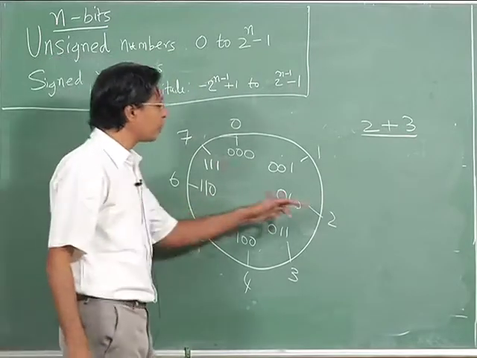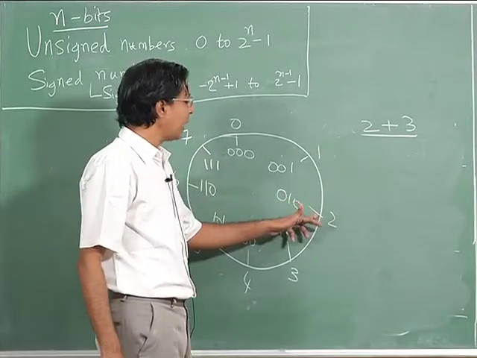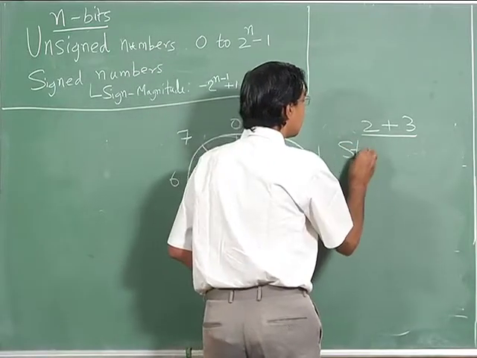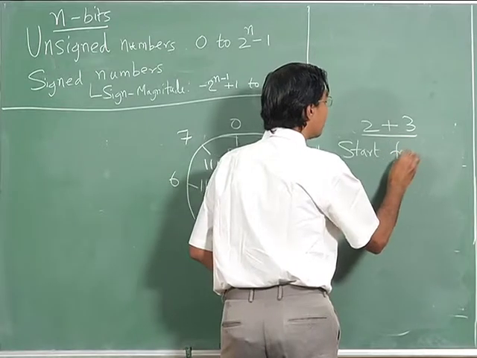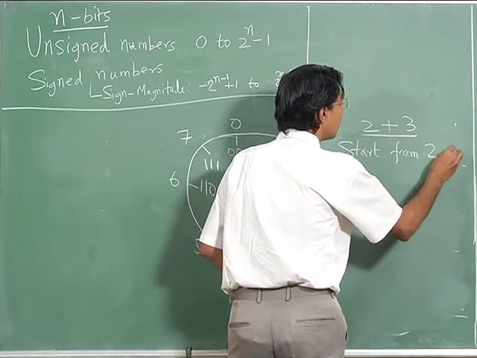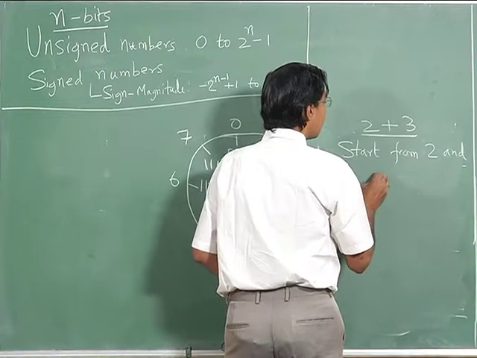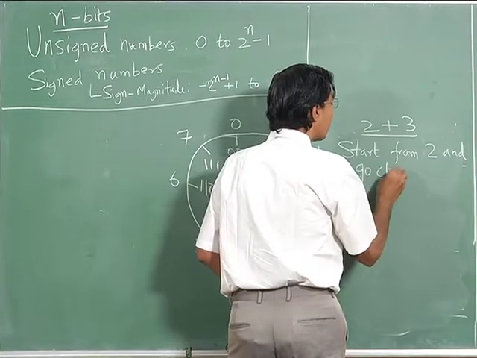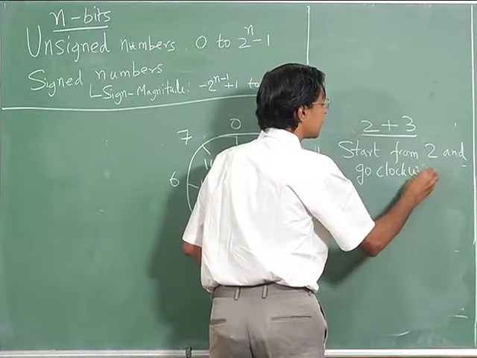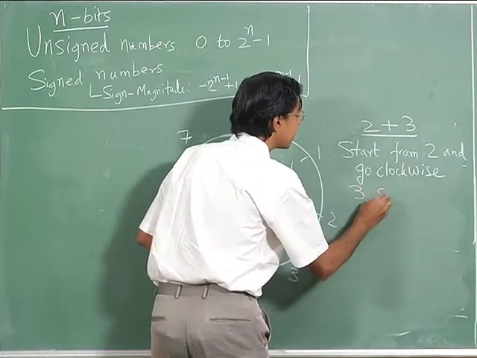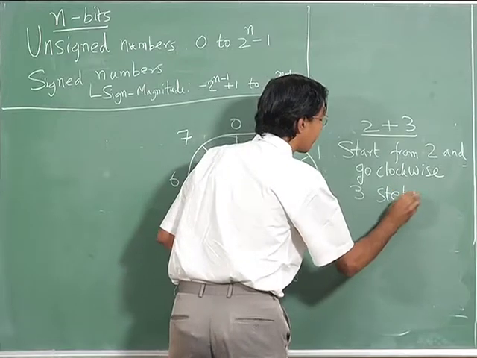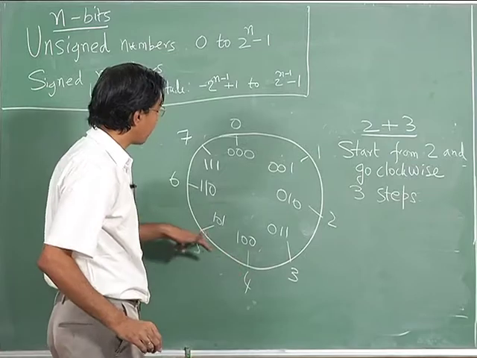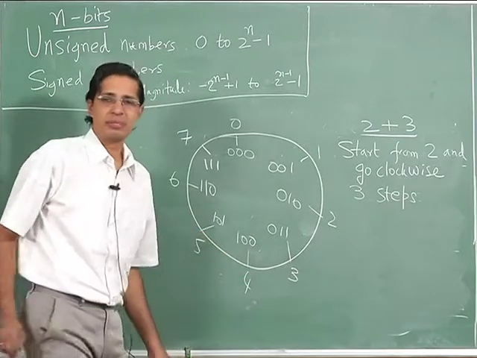I start from 2 and go clockwise 3 steps: first step, second step, and third step. So I reach 5.